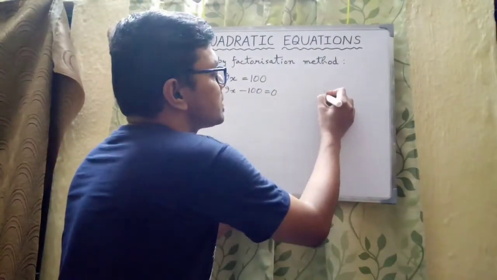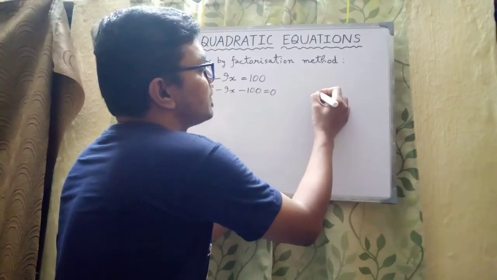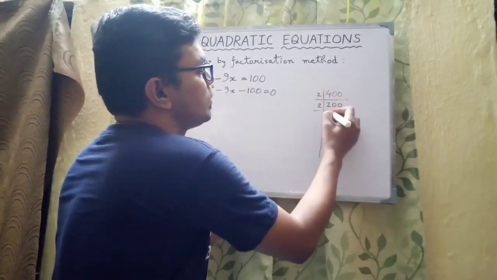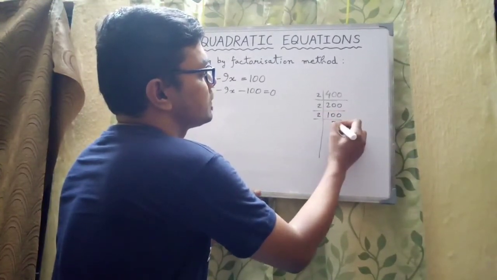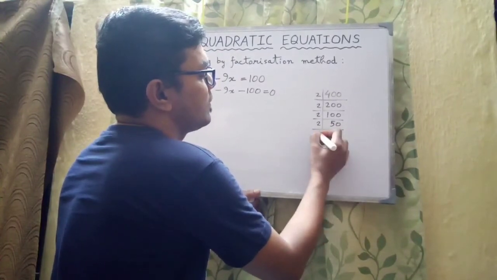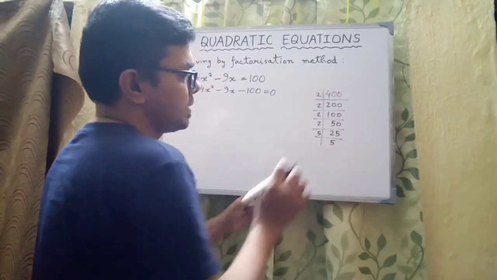So let's do it. It's always better to do with prime numbers. So it is 2 into 200, again 2 into 100, 2 into 50, 2 into 25, 5 into 5. We can stop here because a prime number has been reached.